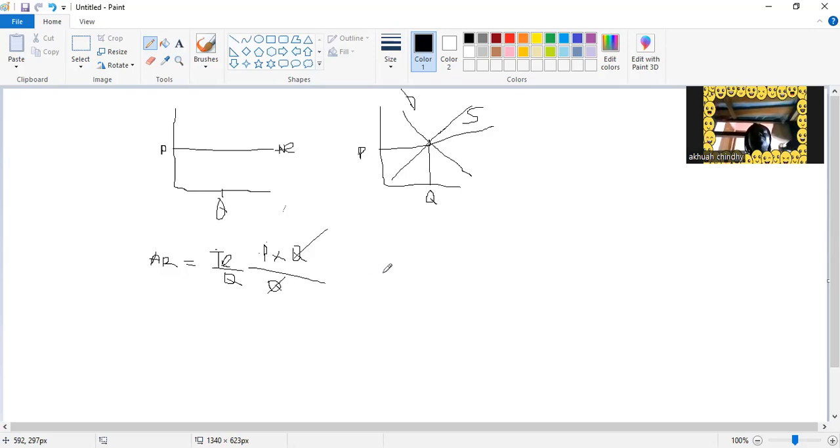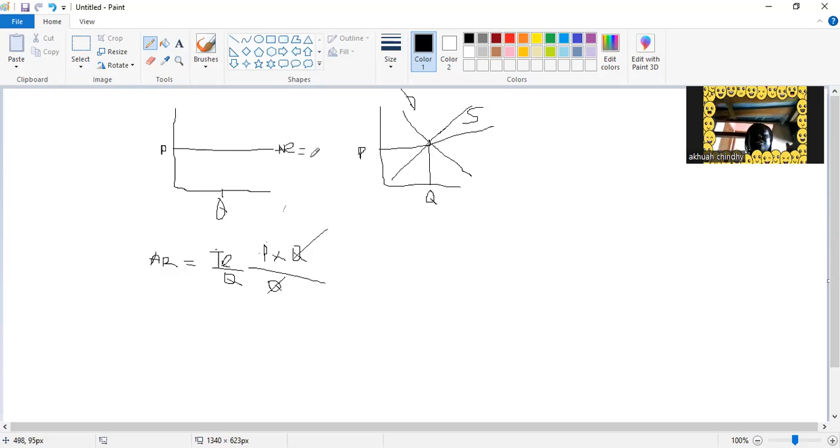If you sold 10 for 5 cedis and you come to sell an additional one, you still have to sell it at 5. You can't reduce or increase the price. If you want to sell another one to another person, you sell it at the market price, which is the 5. So in a perfect competition market, the price is also equal to the marginal revenue.